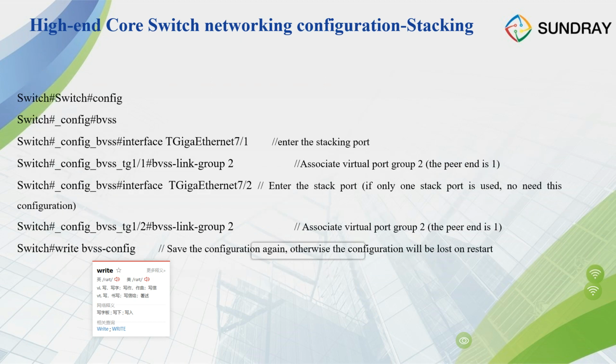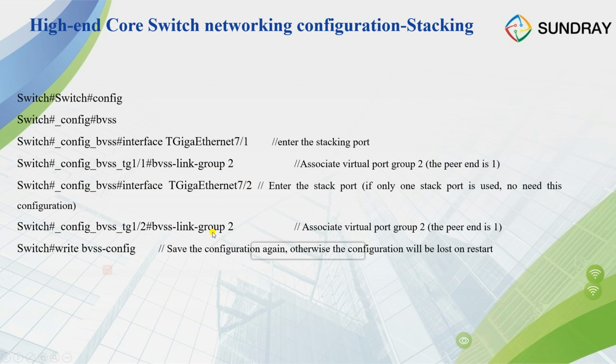After you finish the reboot, you configure the interface. Go to the BSS module again and configure the interface. For the first interface, you configure the BSS link group. This one is 2, and the second port you also configure BSS link group 2.